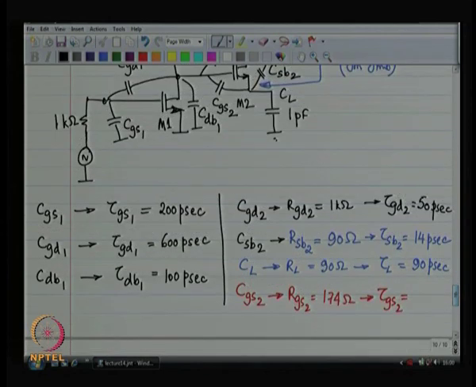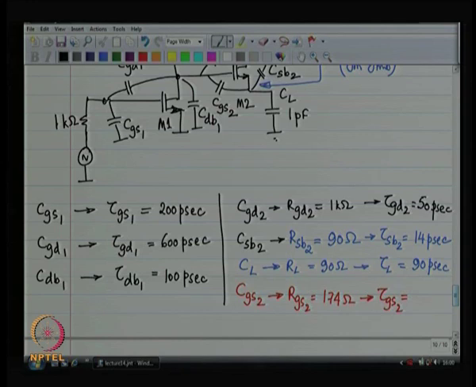So, as far as the time constant is concerned, I have got 174 ohms, I have got a gate to source capacitance of 200 femtofarads. So, I have got 35 picoseconds. So, look at my new design. I sacrificed my 1000 picoseconds.